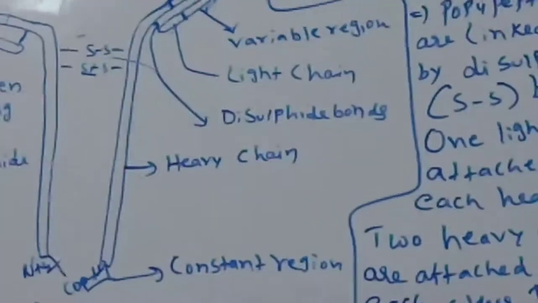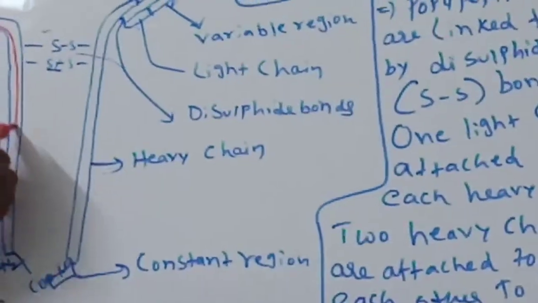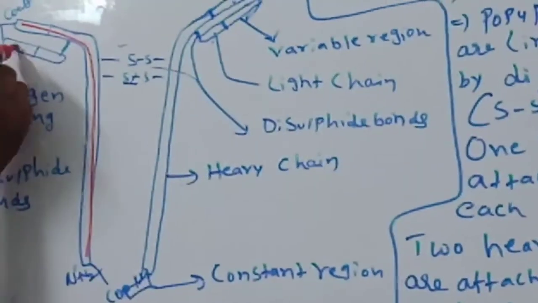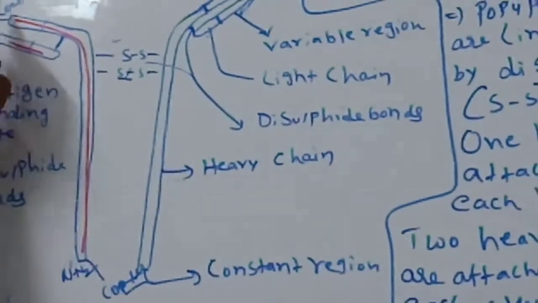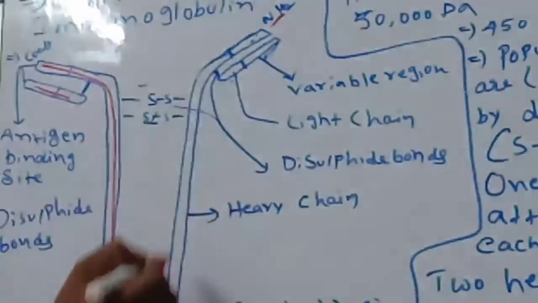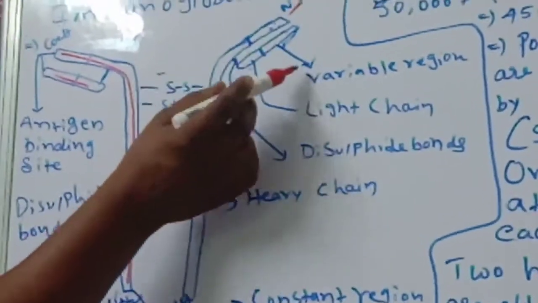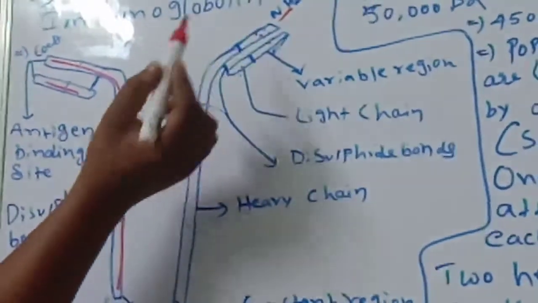The structure of immunoglobulin. This is the heavy chain, right? This particular chain is the heavy chain. This is the light chain. This is the COOH carboxylic group, and this is the amino group. Disulfide bonds, variable region. This region will be changed.